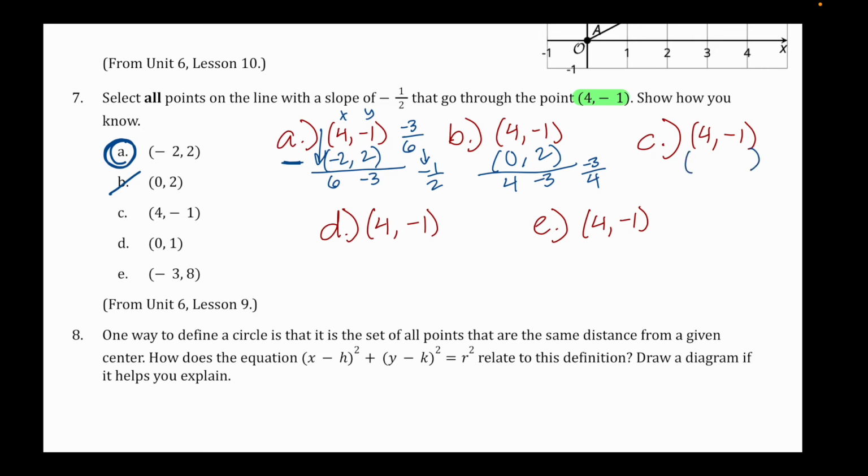Okay, and then for C, this is 4 comma -1. This is the exact same point, so when you subtract, you get 0 and 0. It's technically on the line because it's the exact same point.